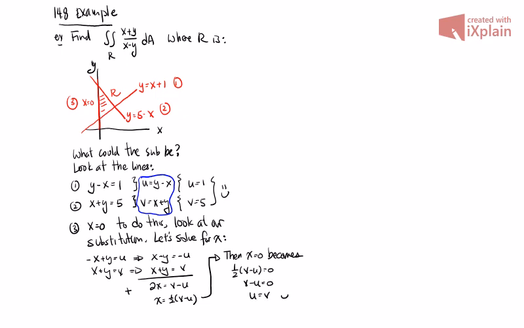And that's also nice. So all of this tells us that the S is as follows. Right? In the UV plane, we've got an edge at u equals 1. That's right here. Edge at v equals 5.